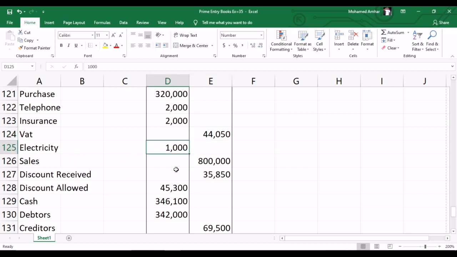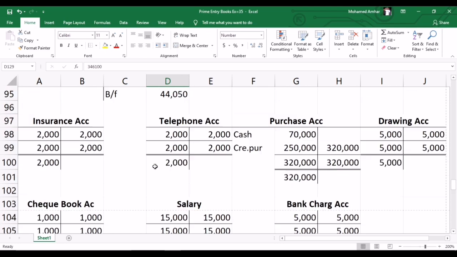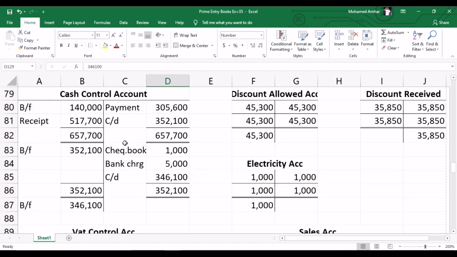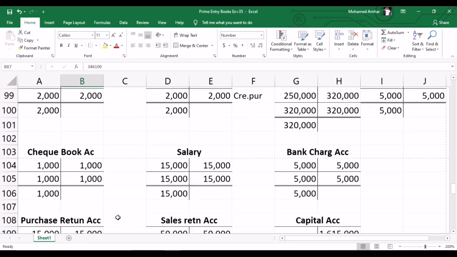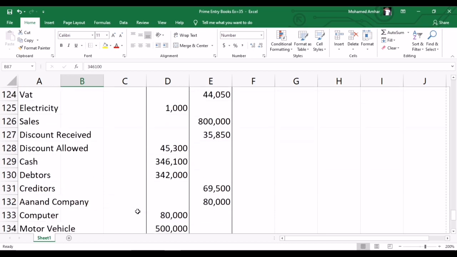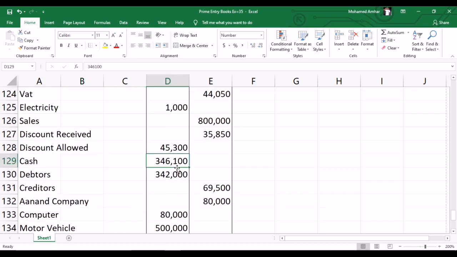Electricity debit side, sales credit side, discount received credit side, discount allowed is debit side, cash balance debit side. Cash control account balance brought forward is debit side, 346,100 in the debit side. So you also take to here 346,100 debit side.